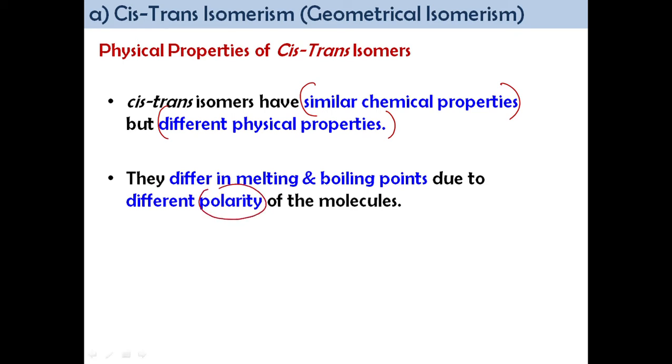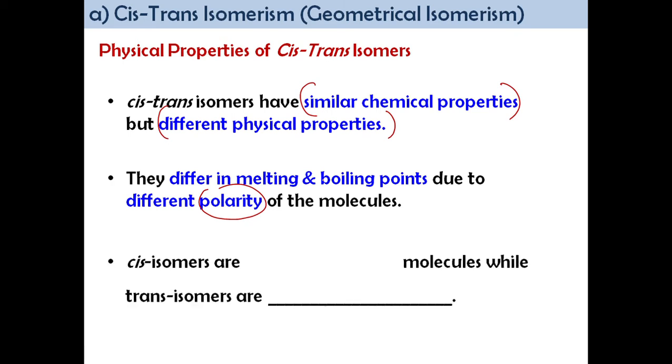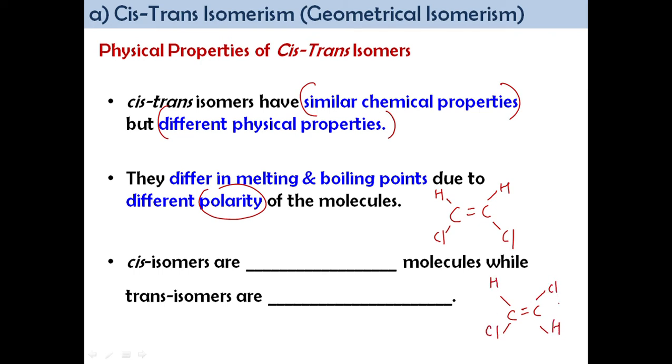Okay, so kalau polarity, okay, kita ada cis dengan trans. Okay, untuk cis saya lukis. Okay, contoh cis isomer, kalau saya ada hash dengan Cl. So, cis same side. Okay, kalau trans opposite side. Okay. So, for cis isomer, kalau kita nak tengok polarity, kita kena refer balik chapter 4 yang kita dah belajar dulu about bond dipole.